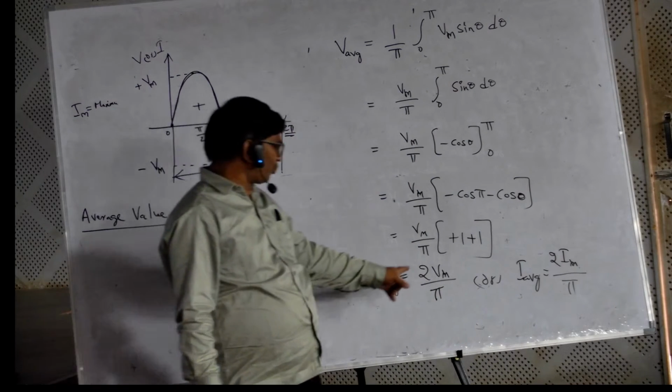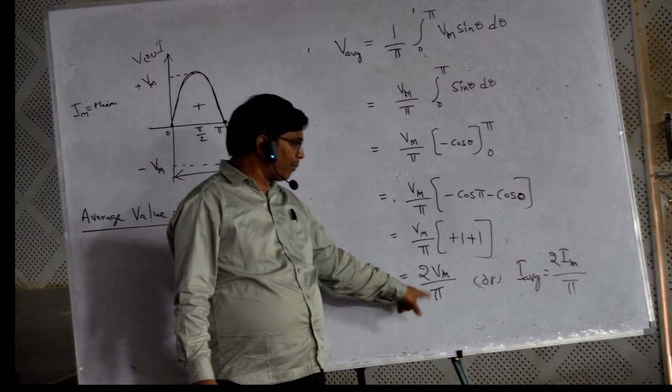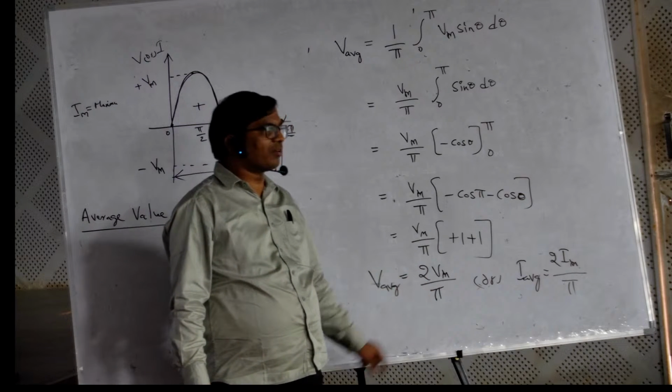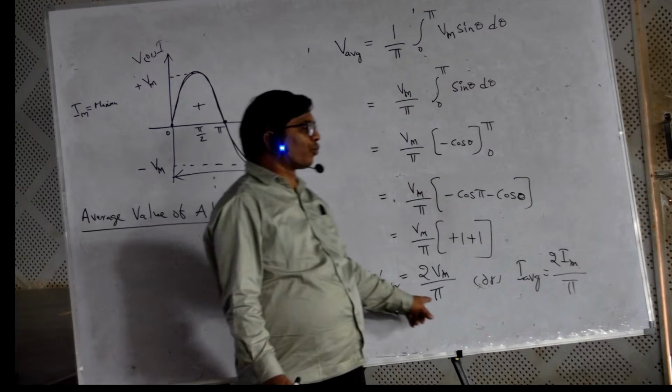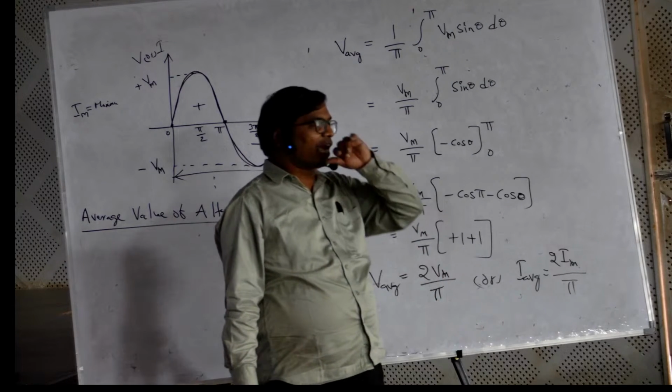So what is the value of 2 by pi in 2 Vm by pi? Use the calculator and tell me. Use pi as 22 by 7, not 180 degrees.